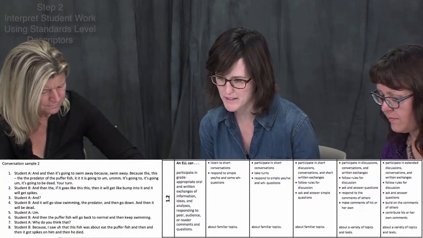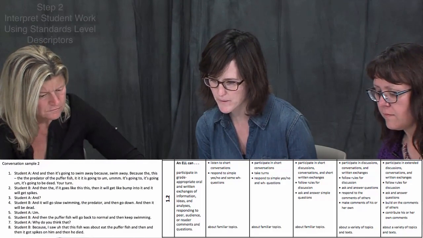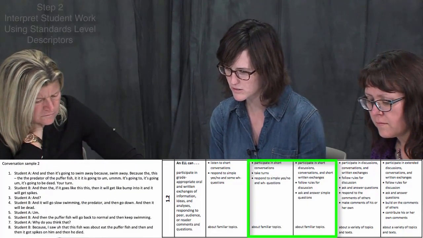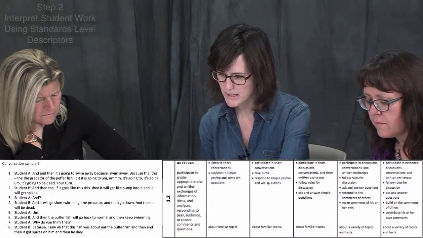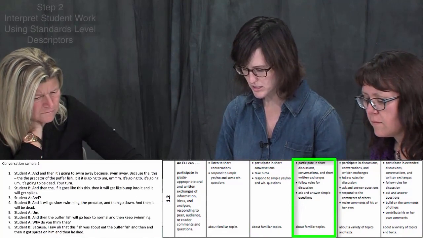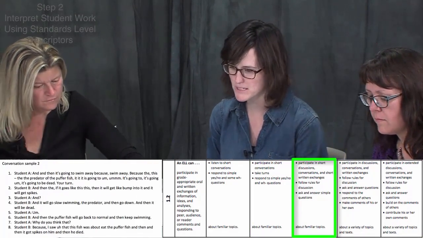So looking at the PLDs, I'm looking right now at a level 2, going to a level 3 where they're taking turns and responding. More in a level 3, asking and answering simple questions. Student A says, why do you think that? And student B is again responding.